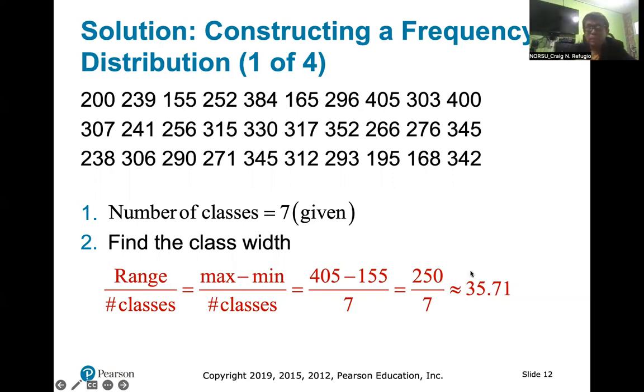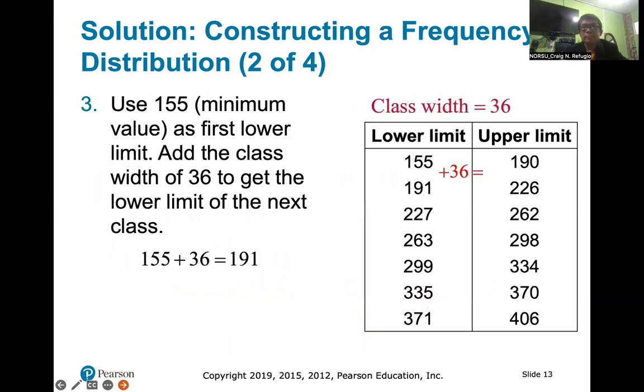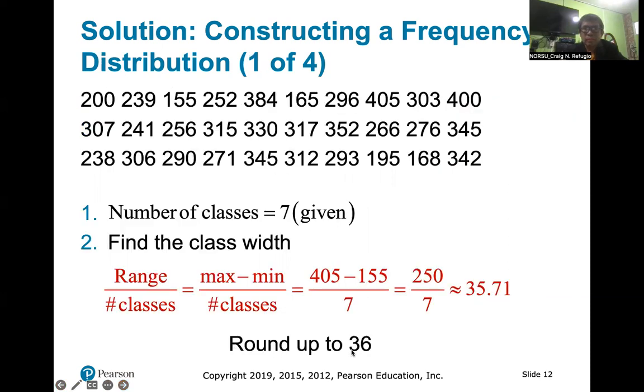35.71. Remember that if the division is not exact, you're going to use the symbol for approximation. So approximately 35.71. We normally round off this one to the next convenient number, the higher one.